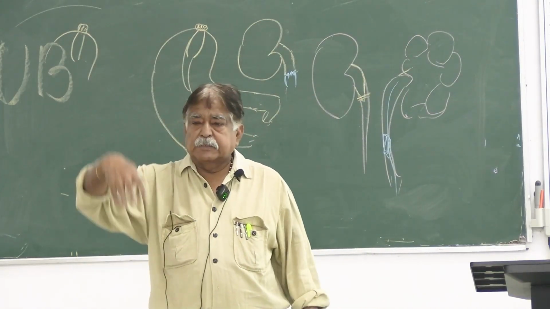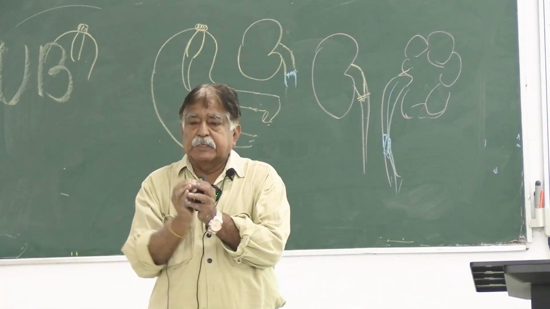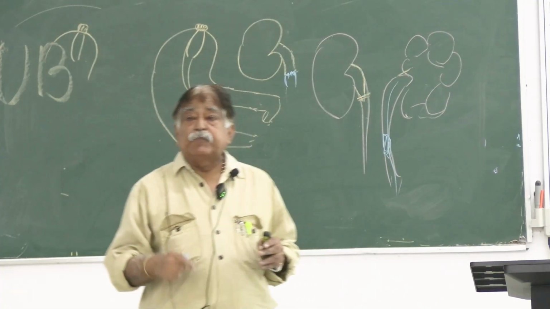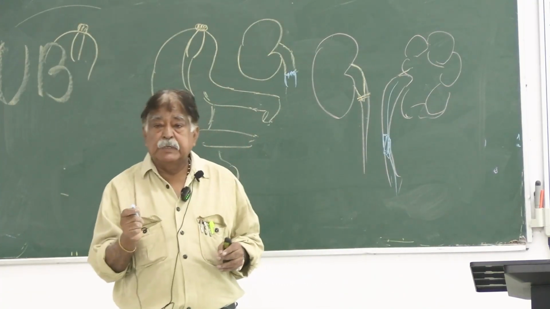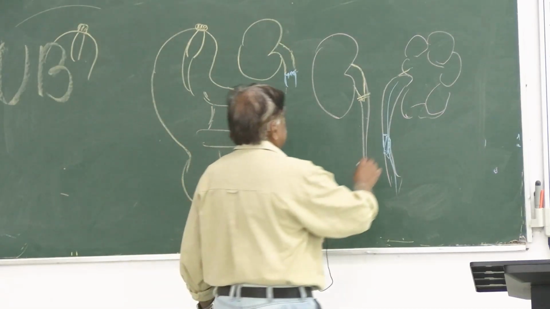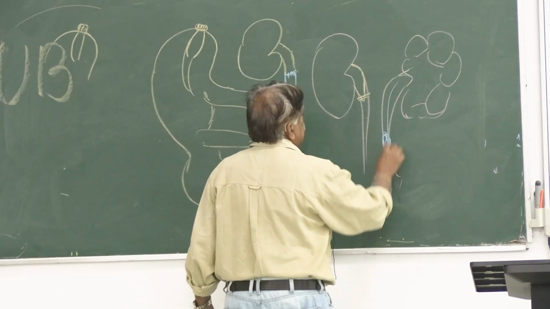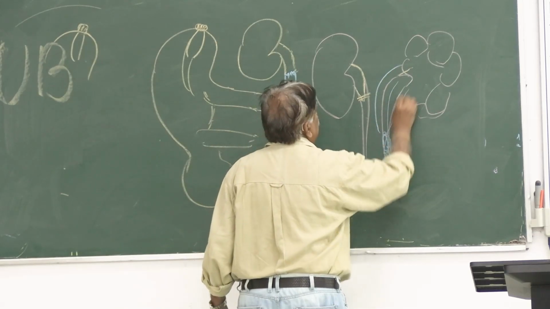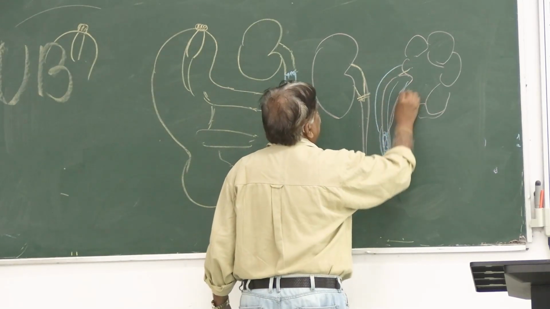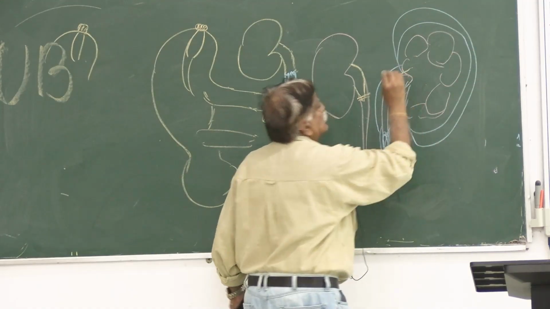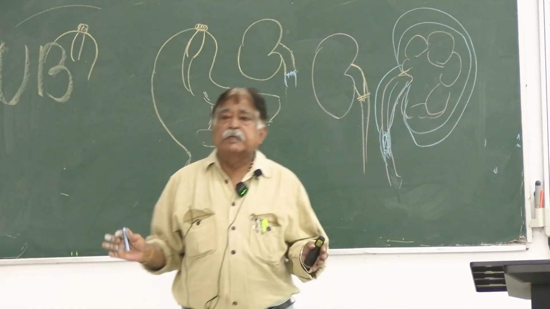That means the urine is passing side by side. There is a stone like this with urine passing by the side, okay? But if it is an obstructive calculus, then this balloons, it becomes a hydroureter plus hydronephrosis of the kidney.